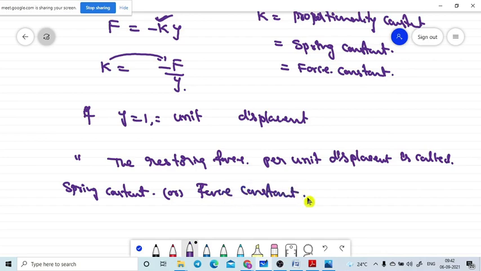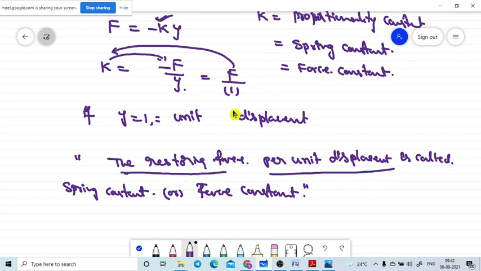So the restoring force per unit displacement. For unit displacement, how much restoring force is generated in the spring or in the oscillation, that value is named as a spring constant or force constant.